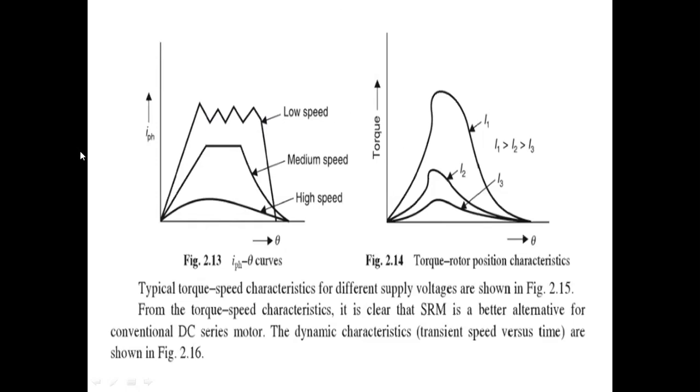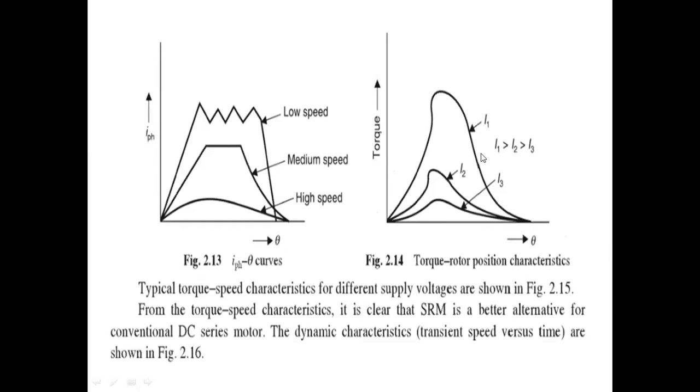And next, the torque rotor position characteristics. If you consider the rotor angle and the torque value, from the 0th position here, the current value has been increasing, shown with an increased torque value.